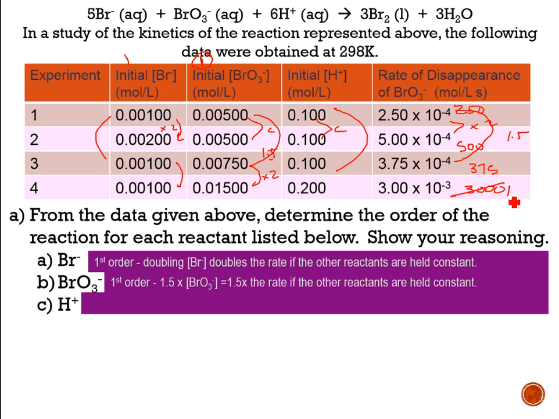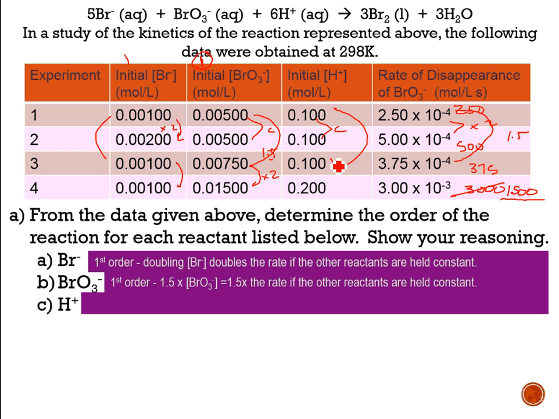So we're going to go ahead and have it to just show the influence that hydrogen ion has on the rate. So I've divided by 2, which is going to take away the doubling that bromate would have done to the rate, and it's going to focus us only on what's remaining. So we have 1500 is our new rate.